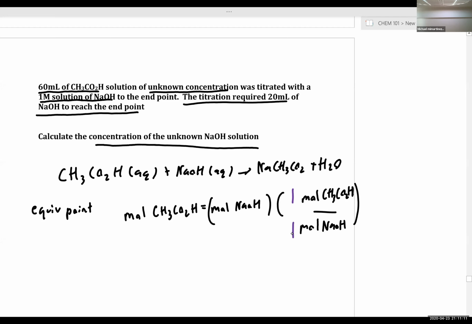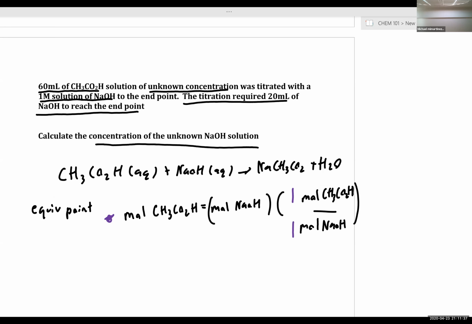Does this equation here look exactly identical to our strong acid titration? Has anything really changed in terms of the numbers you plug in, in terms of the mechanics? No, it's exactly the same.